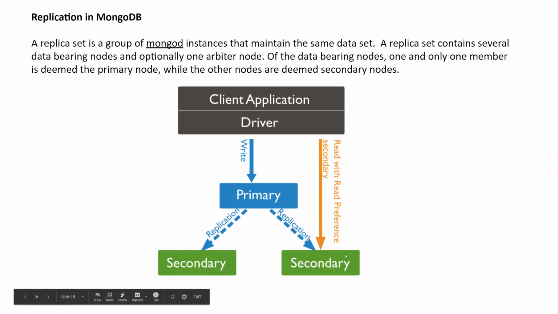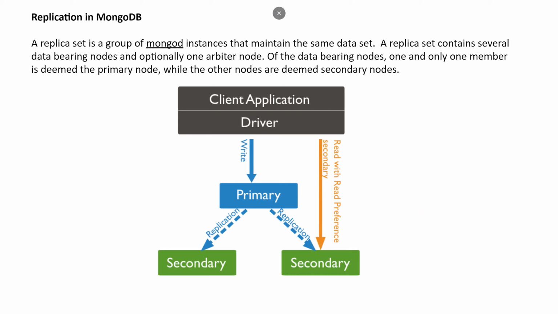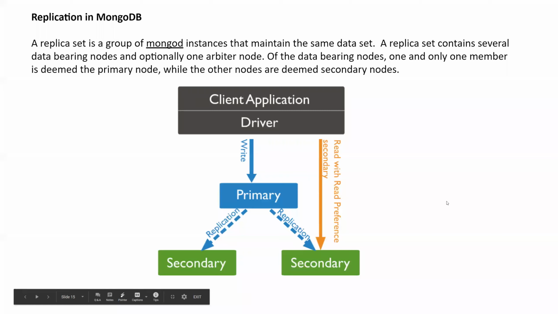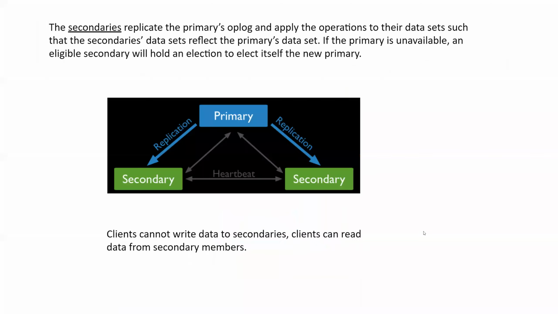Moving ahead, we'll discuss why we need at least three nodes in one replica set. This whole is called one replica set. The secondaries replicate the primary node and apply the operations to their data sets, so the secondaries' data sets reflect the primary.